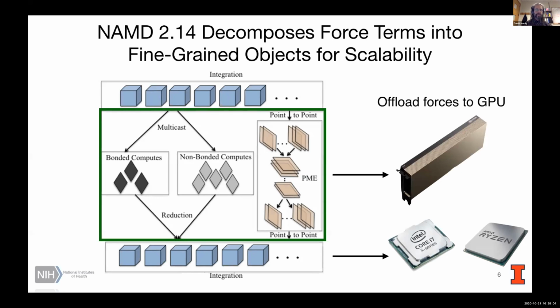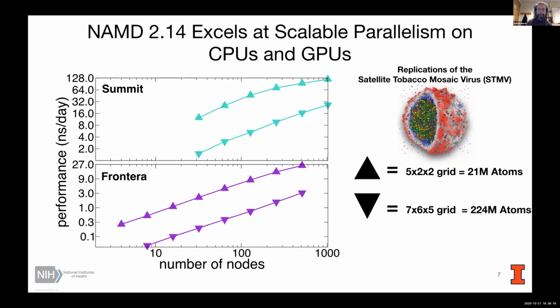Now, back when GPUs were less capable, we focused solely on the non-bonded forces. Today, we offload almost all of the forces to GPU. And so this strategy has given us a lot of scalable parallelism.